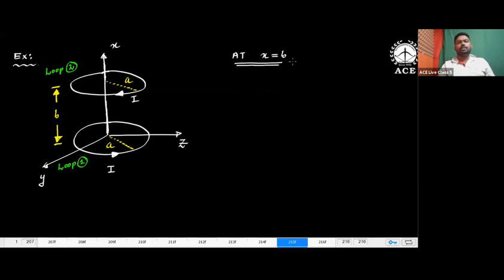Try to write this one. There are two current carrying conductors here, which are displaced at a distance B. What is the magnetic field at the point? Try to write this one. I've changed the orientation here and I've changed the current directions here. One is at the center, the other one is at a distance of B. Three things are involved here.